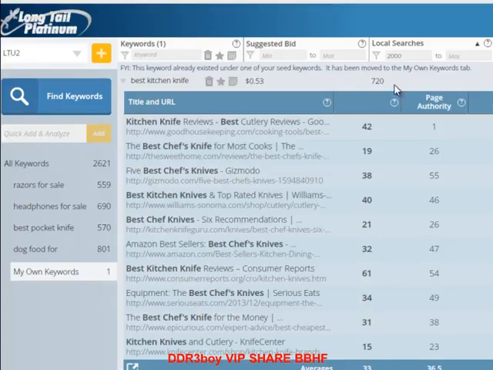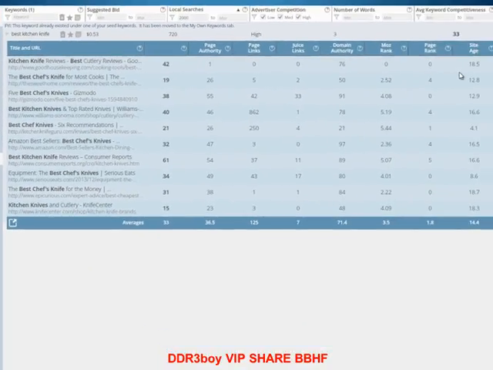So you can see it does get searched for 720 times a month. I don't see any young sites, and the domain authority is still quite high on most of these. There is one low domain authority, and overall, it's a 33, so it's better, but it's still not one of those that I'm salivating over. I'm not super excited about it.